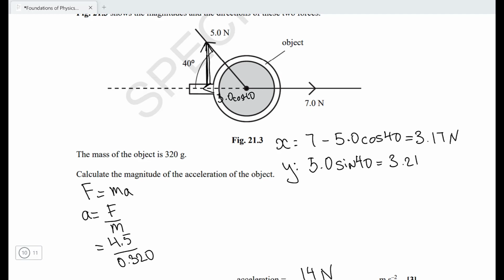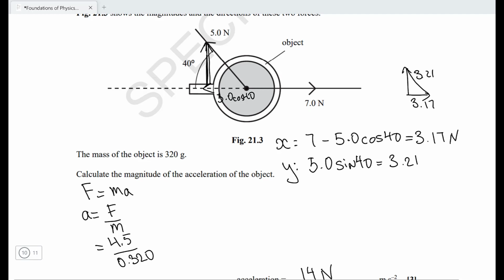Now I can calculate my resultant using Pythagoras, because essentially I have two vectors. One is going up at 3.21, and the other is going to the right at 3.17.